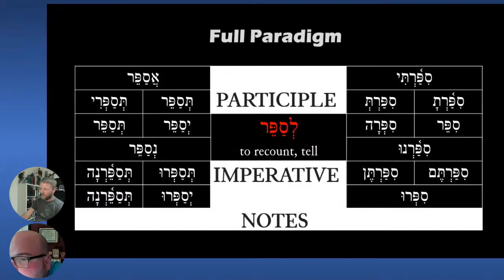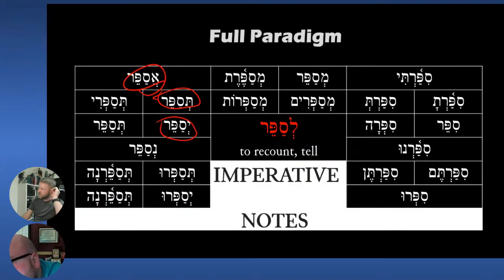Wonderful. Participle is just like saper, yisaper, saper, but with a mem prefix because participles outside of the kal and nifal take mem prefixes. Remember that as a rule. Participles outside of kal and nifal take mem prefix in all forms.